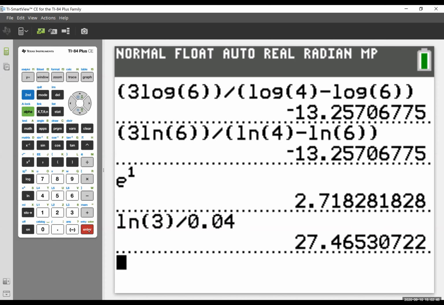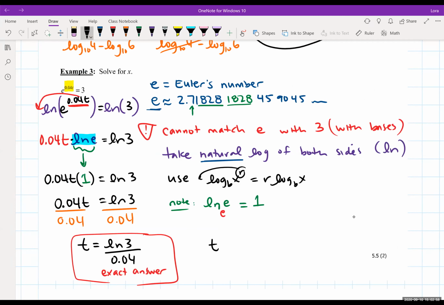And when you approximate it, you get about 27.4653. Pretty cool. So if you ever had to approximate it, t is approximately equal to 27.4653. And again, that's the approximation, just in case.